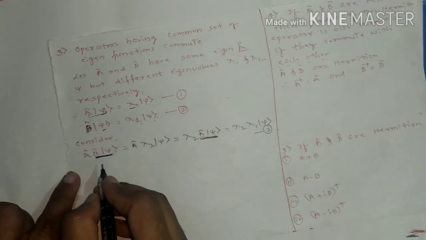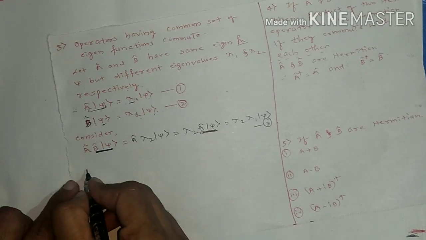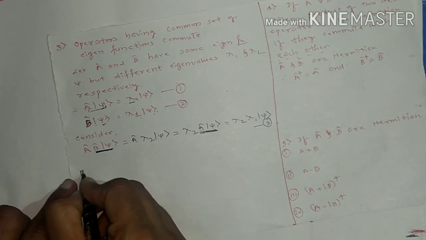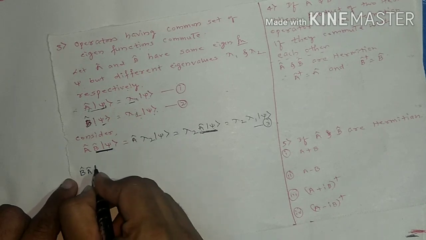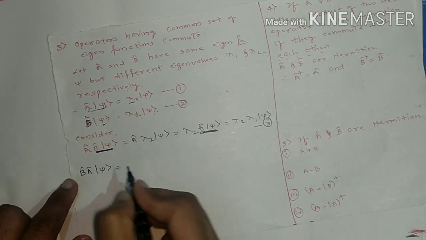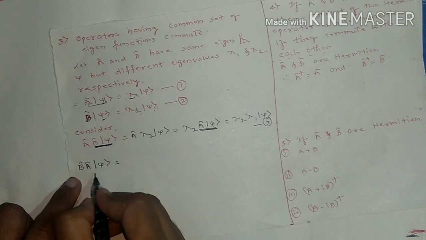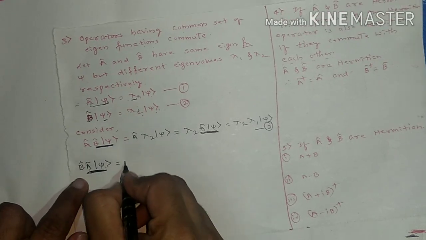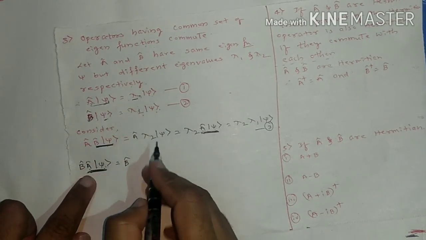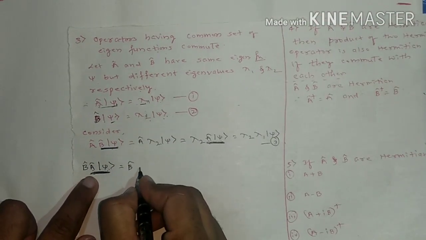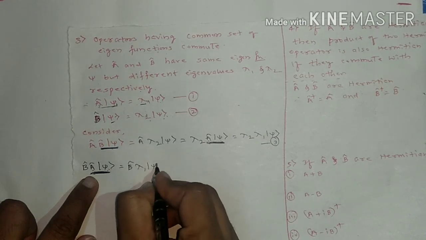Now let us consider the operator BA operating on psi. Again the same thing. Let us consider that first A operates on psi, then B remains as it is. If A is operating on psi, we get lambda 1 ket psi.